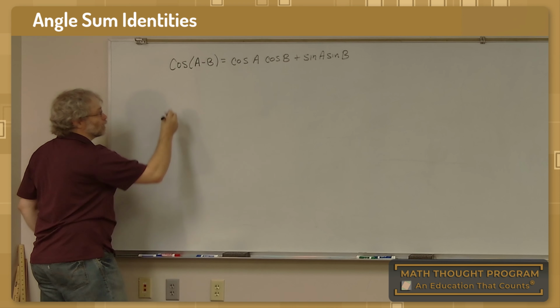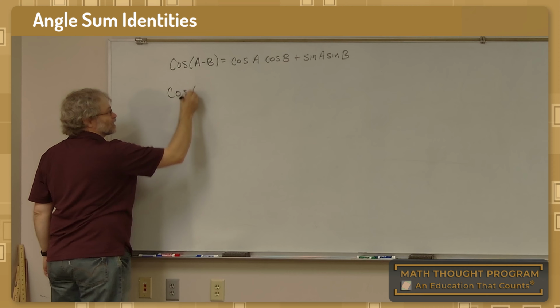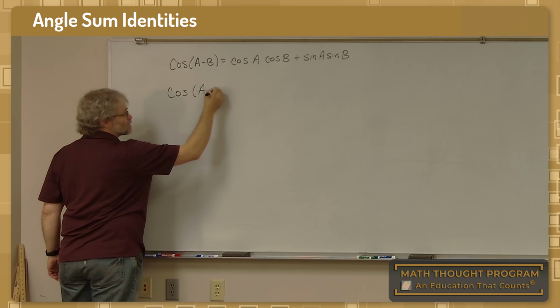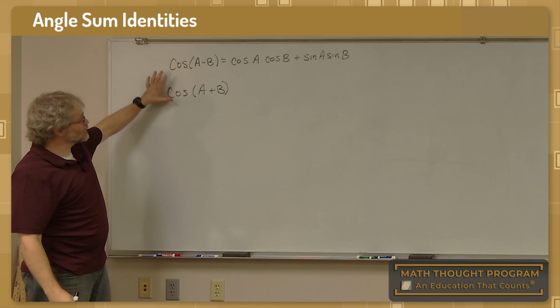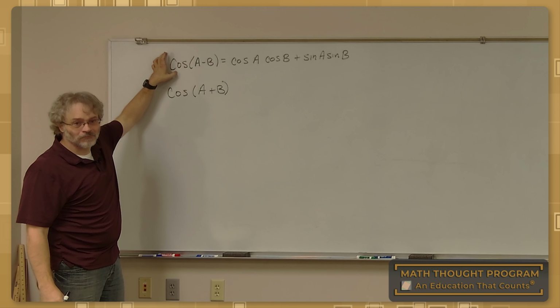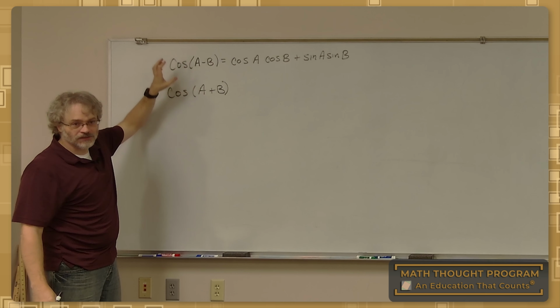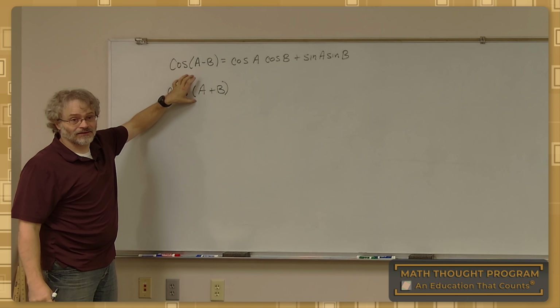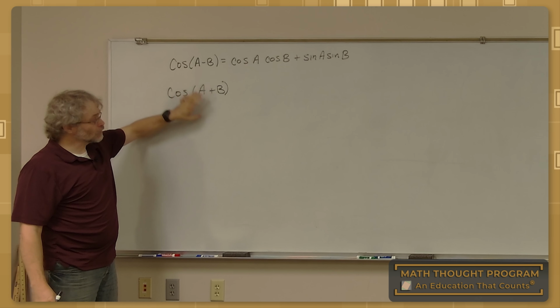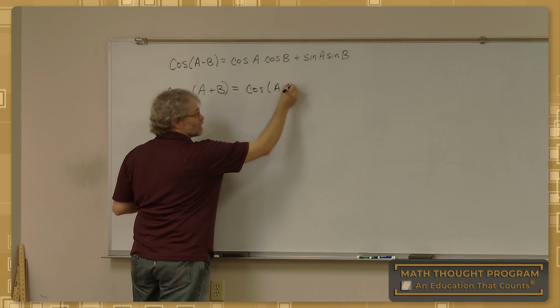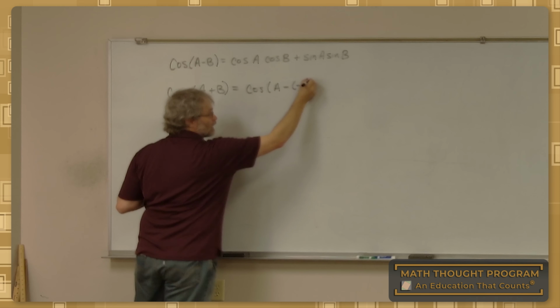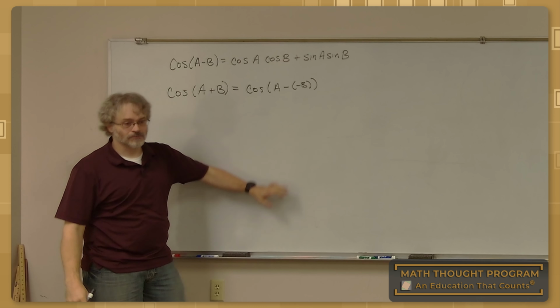Okay, well, what about cosine of A plus B? How can I use what I already know, build upon my knowledge to get a new identity? Well, look what we can do here. You could take this and recalibrate it as such.